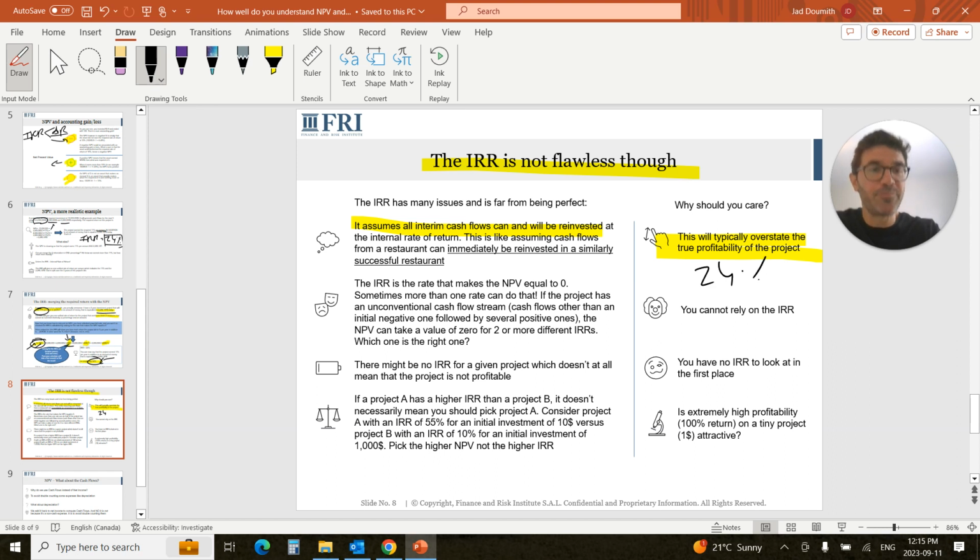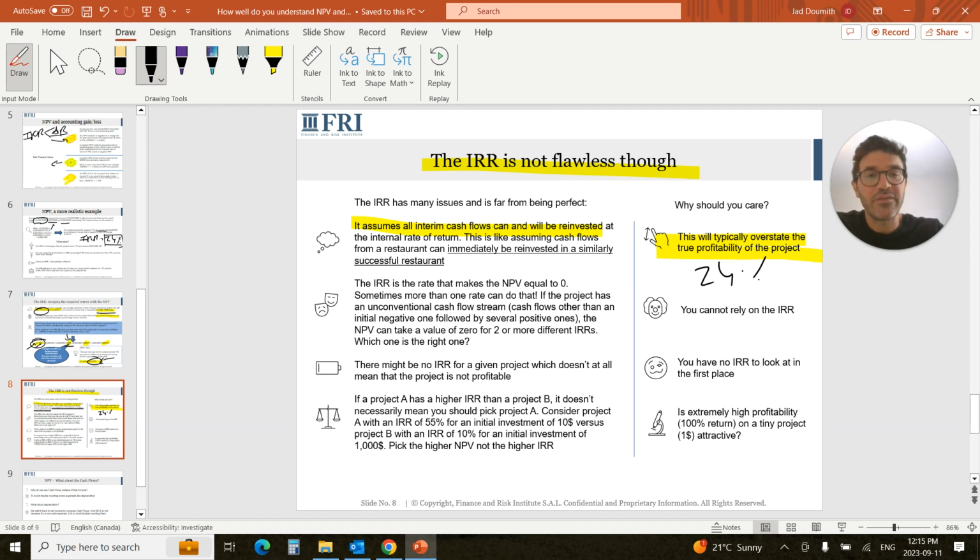Remember, 24% is only correct if you manage to reinvest your interim cash flows at 24%. Since you cannot do that in real life your interim cash flows will probably be deposited at the bank at a much, much lower rate, provided that you are cash rich, you have liquidity.